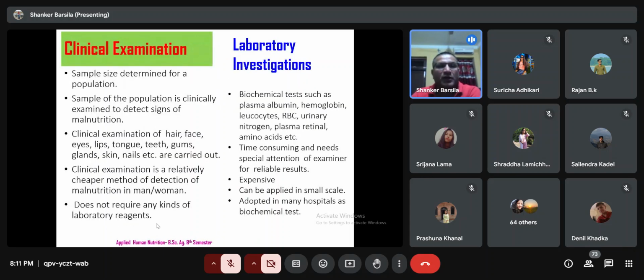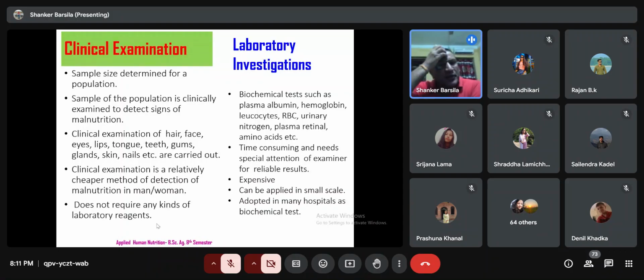So let us go one by one. The most commonly used methods may be anthropometric, family studies, laboratory investigations, or the clinical examinations. These four study tools may perhaps have been adopted by many researchers to assess the nutritional status.